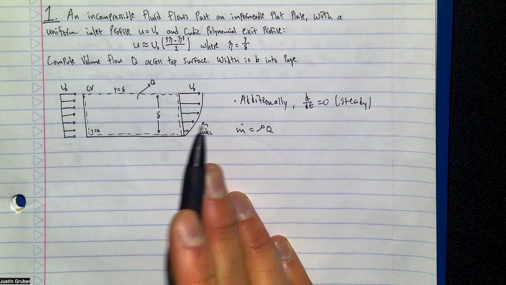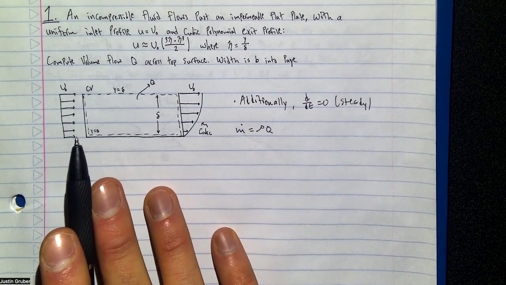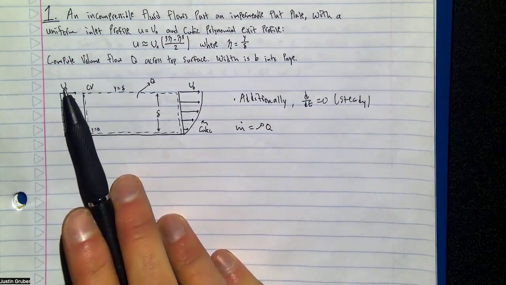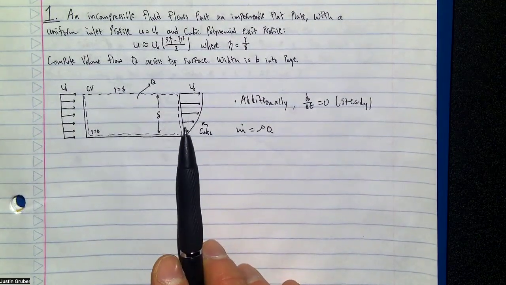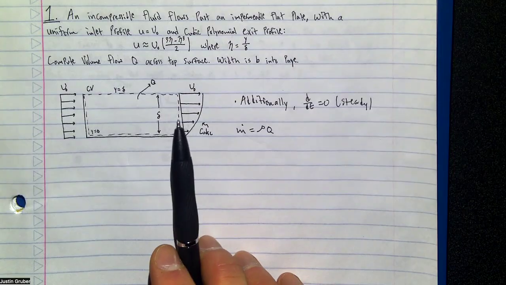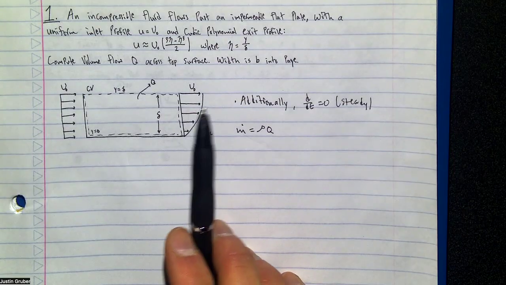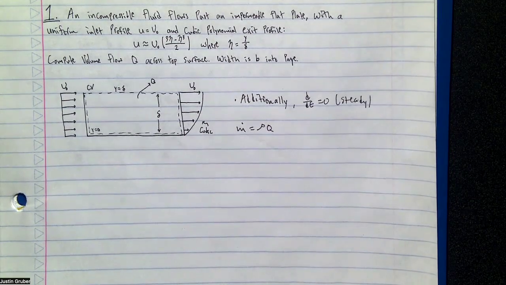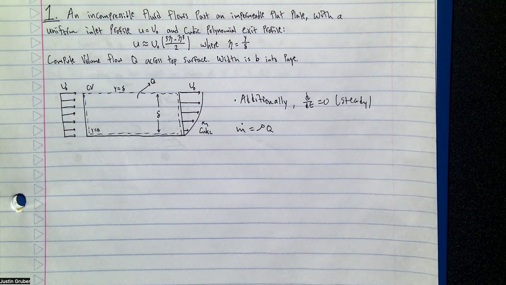You don't know V. In the inlet flow, you can call V just a scalar value, U naught. But the velocity coming out is changing at each little cross-sectional slice as you go up. So you go, what the hell is the velocity there? That's where we have to keep the integral form.